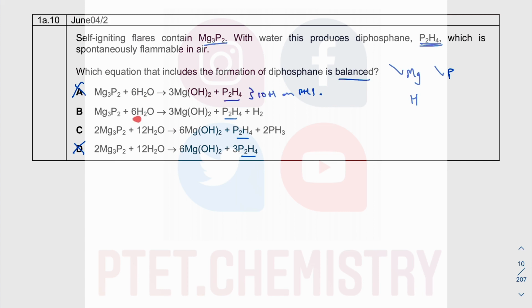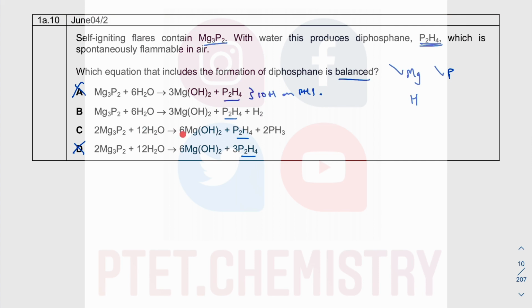Now here, there are 12 hydrogen. But remember just now we said this is the same as that, except that you have another 2 hydrogen atoms. So here the hydrogen does balance out. There is 12 hydrogen altogether on the right side. This is the same as that, except there's 2 extra hydrogen there. How about this one? There are 24 hydrogen, 12 times 2.